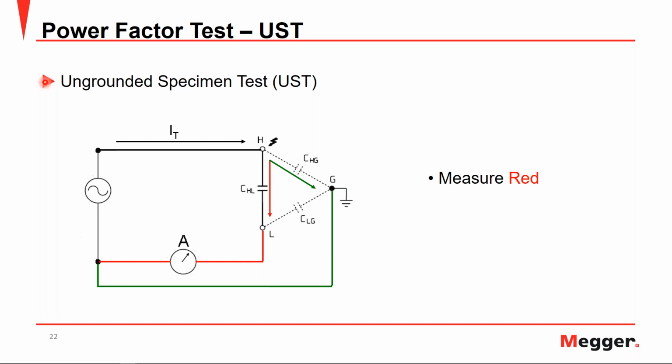So now we have 2 current components. As they flow through, the leakage current from high to low is the only current component being measured, while the leakage current from high to ground is bypassed through the ground lead, bypassing the ammeter. So in the UST, the measured current is going to be the high to low leakage current.